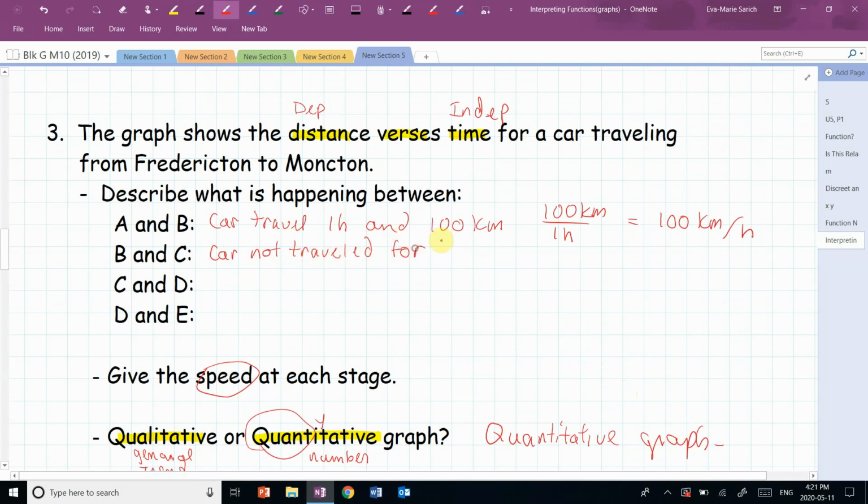Okay, so that means we've got 0 kilometers in 1 hour. So 0 divided by an hour is going to have a speed of 0 kilometers per hour.